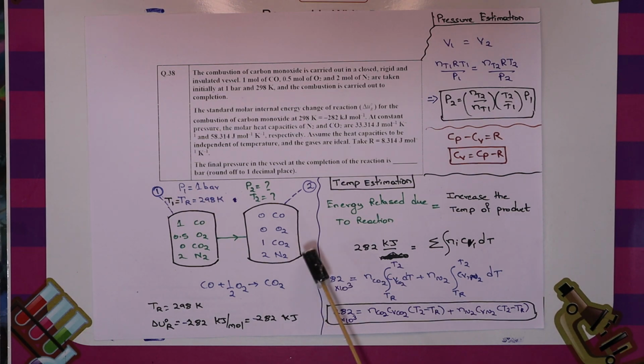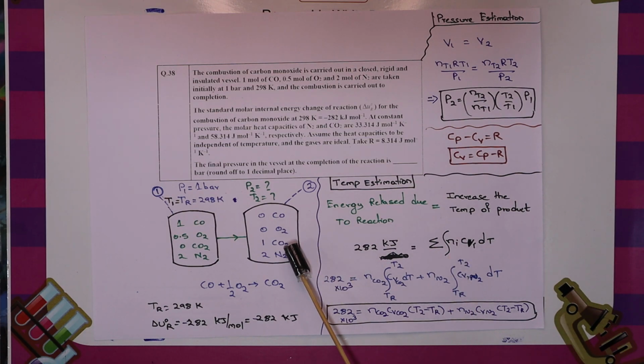So this is the basis we are supposed to take. The first point is to estimate the temperature for state 2. To estimate it, we use a simple relation. The energy released because of this reaction will increase the temperature of the carbon dioxide and nitrogen to a higher temperature. So the 282 kilojoules of energy released will increase the temperature of CO2 and nitrogen.